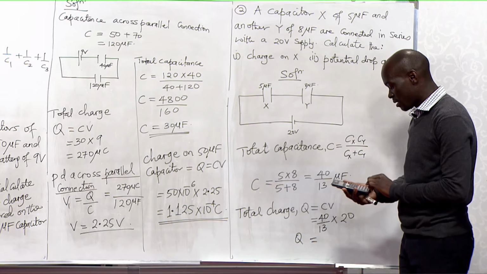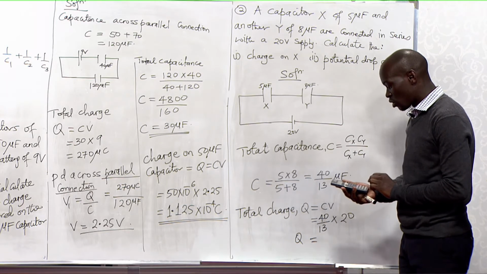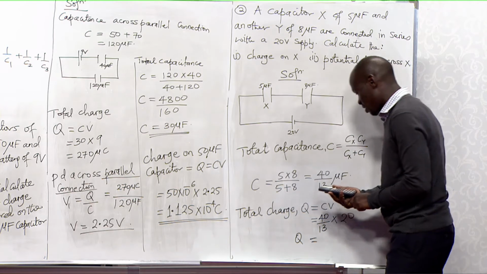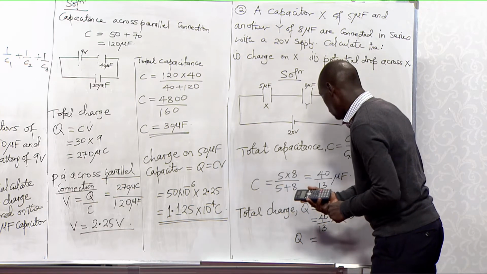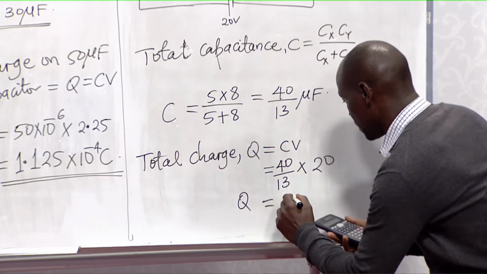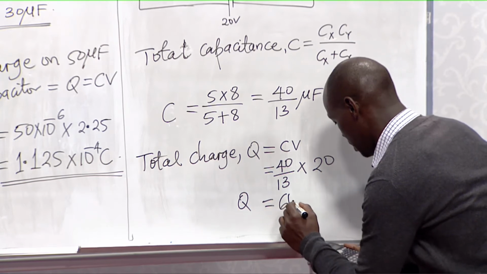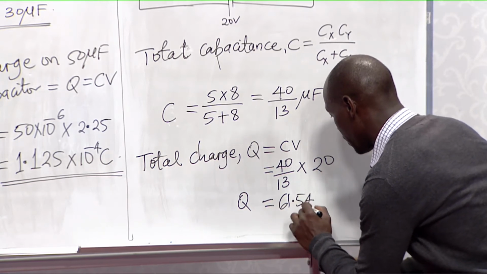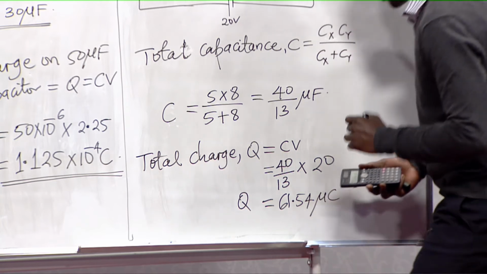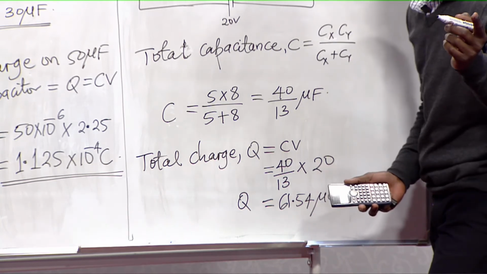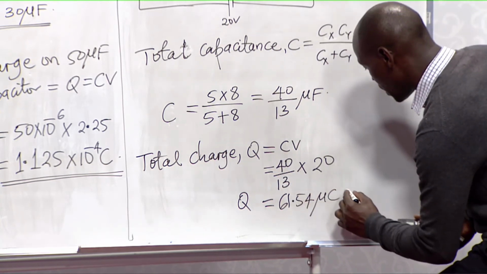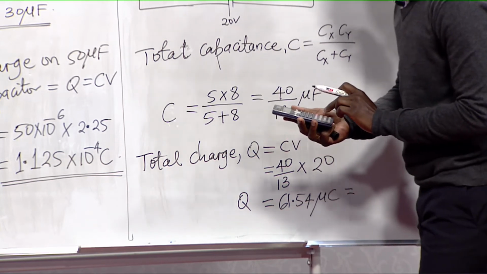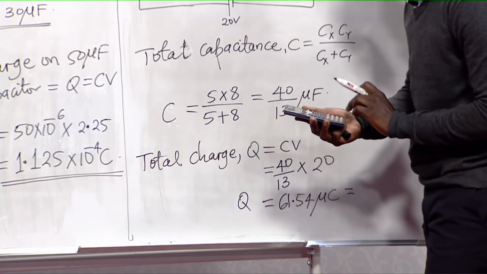So 800 divided by 13 gives an answer of 61.54. Now these are microcoulombs, but you can change it to SI units, dividing by 10 exponent 6.